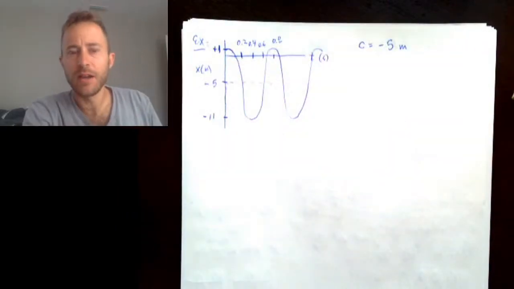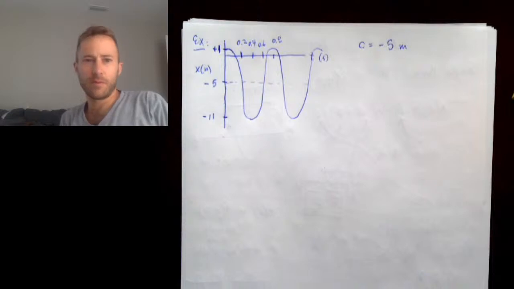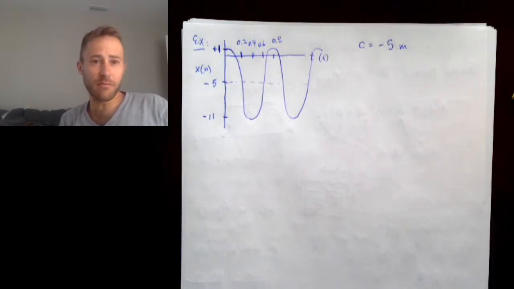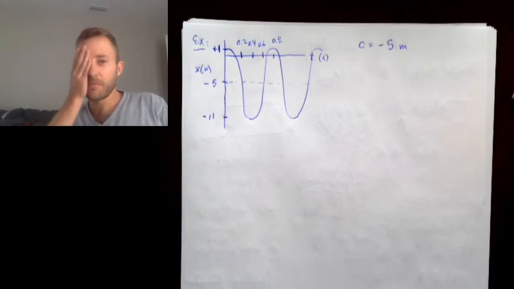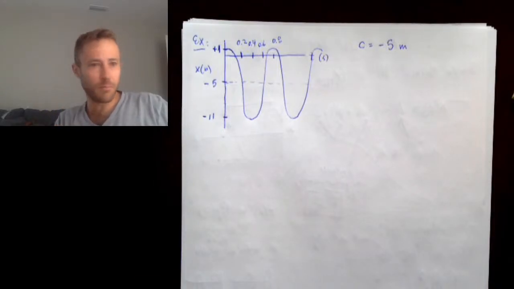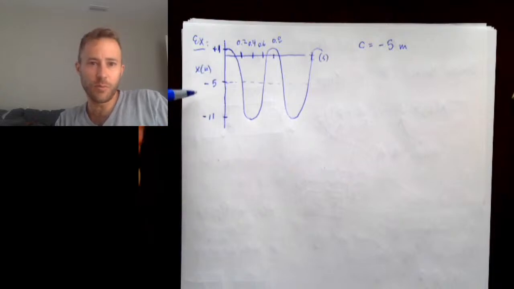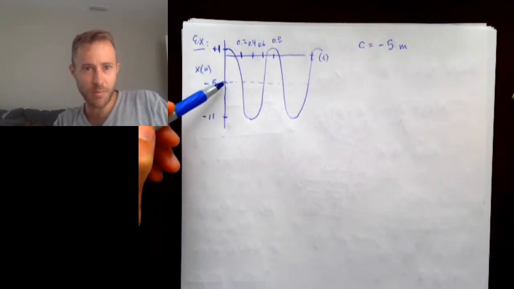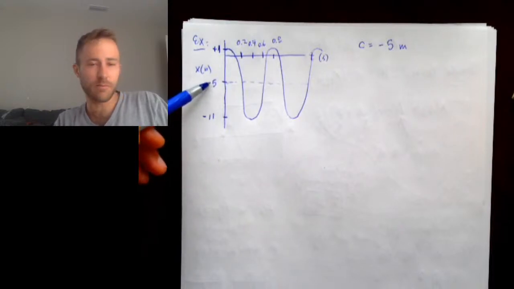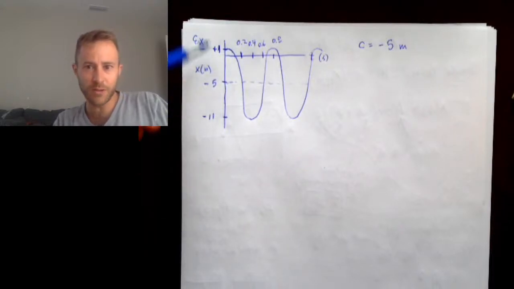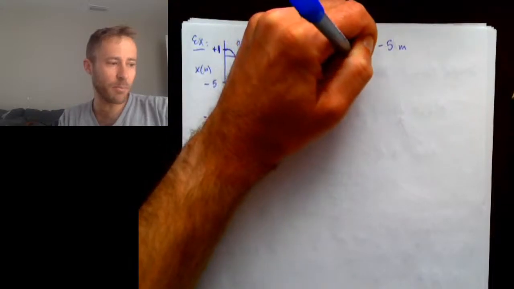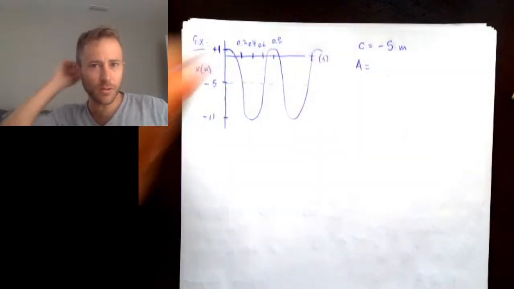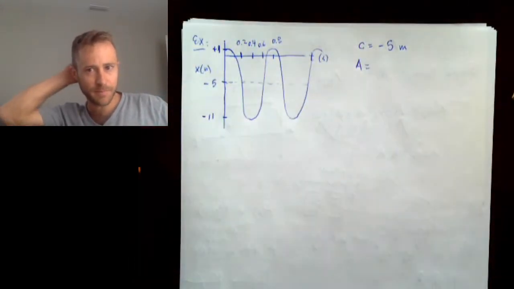Now how far away from -5 meters does this particle stray? We know that it's oscillating about x equals -5 meters. How far away does it go? That can tell us the amplitude. So who can determine the amplitude?